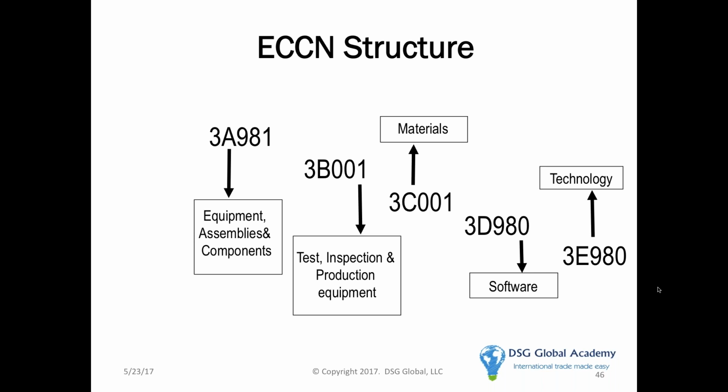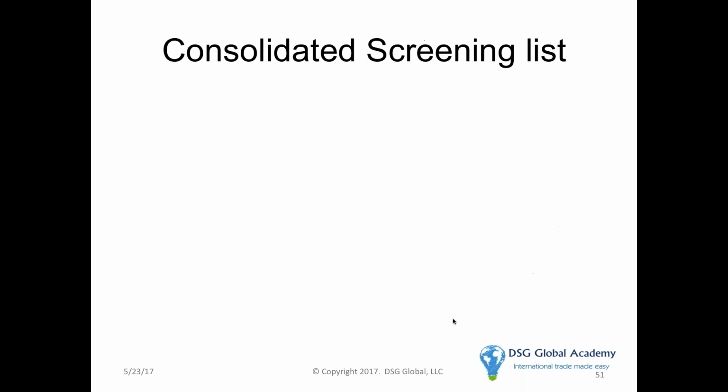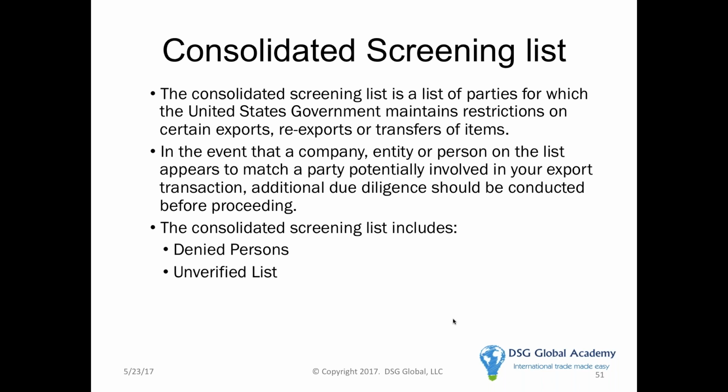Okay, there's one question on the 3 letters. Are you asking about the reason for control, which is 2 letters, or are you asking about license exceptions, which are 3 letters? Okay, so I assume you meant the second: license exceptions.